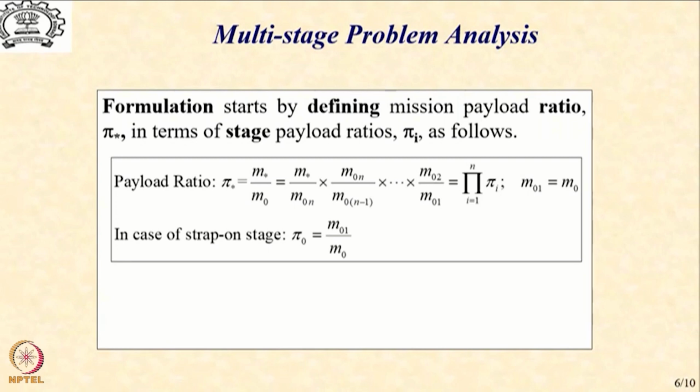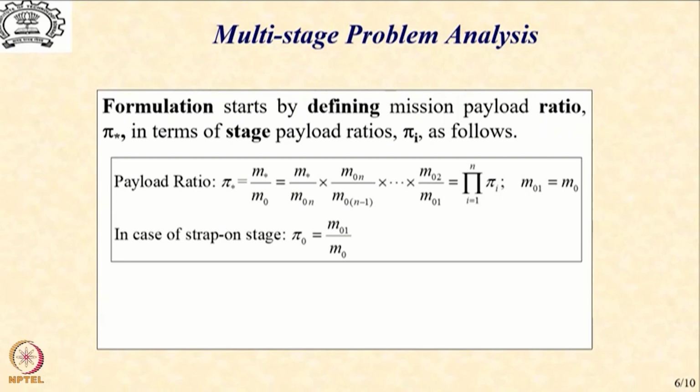Let me also make a mention of a related issue which is going to be discussed in some detail later: if there are strap-on stages, or what we call the boosters, which in most rockets are used, then there will be one more payload ratio which will get into this definition, called pi naught, which will be the payload ratio for the 0th stage.